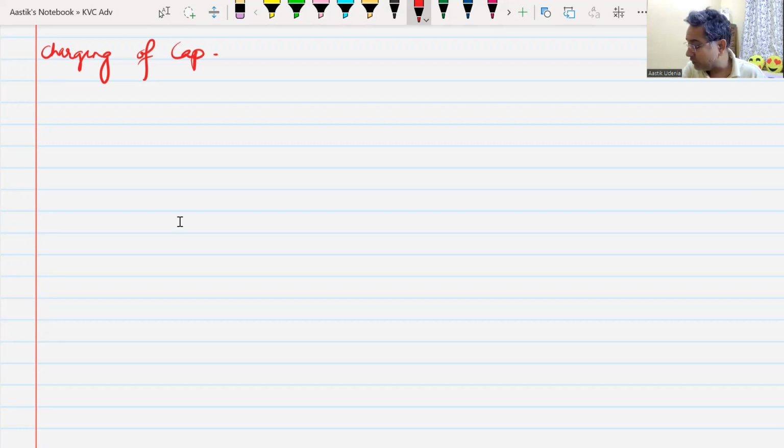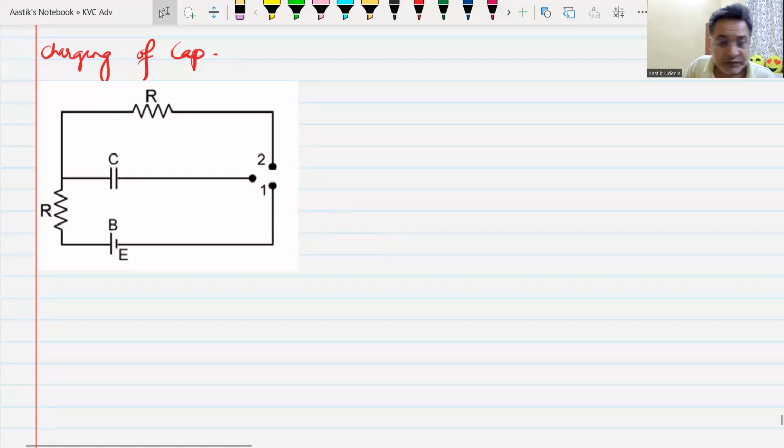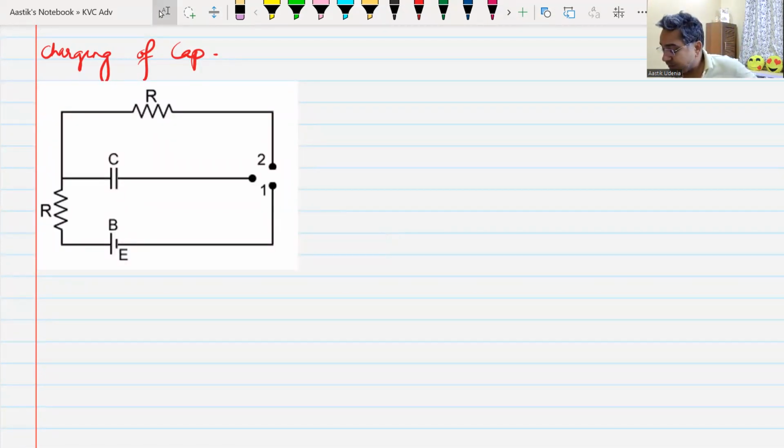So what I'm going to do is show you this. Initially, I will connect these 2 points at time t equal to 0. Do we understand this? At time t equal to 0, this switch is made.